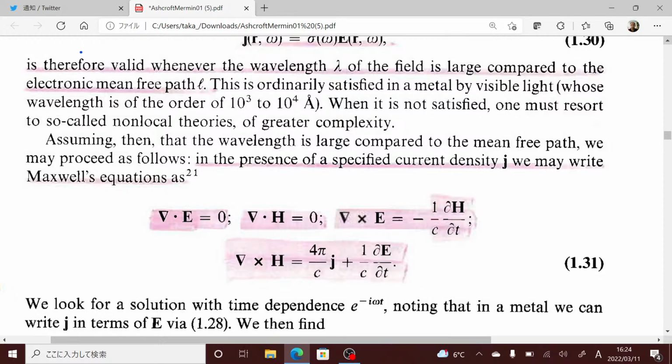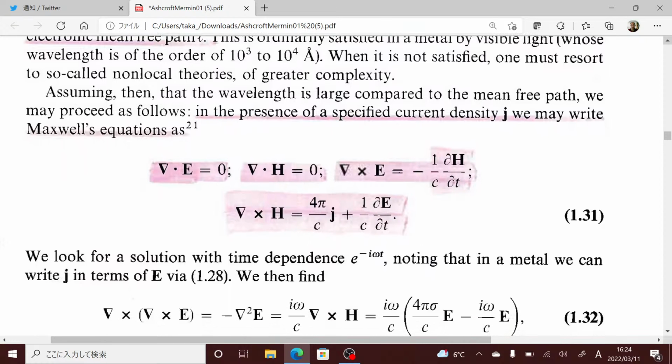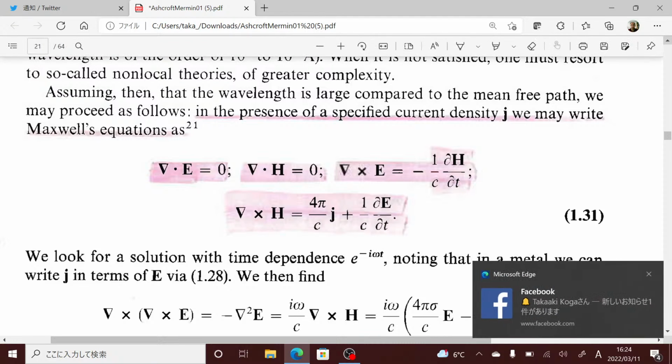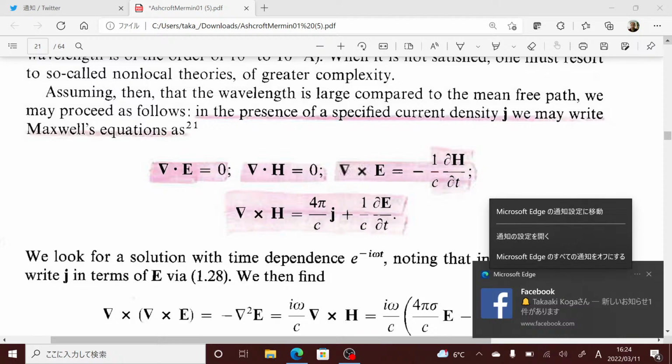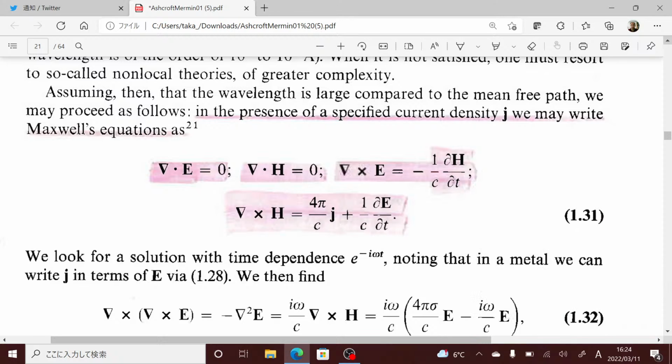In the presence of a specified current density j, we might write Maxwell's equations as divergence of E equals 0, divergence of H equals 0, curl of E equals minus 1 over c partial H partial t, curl of H equals 4π divided by c times j plus 1 over c partial E partial t.